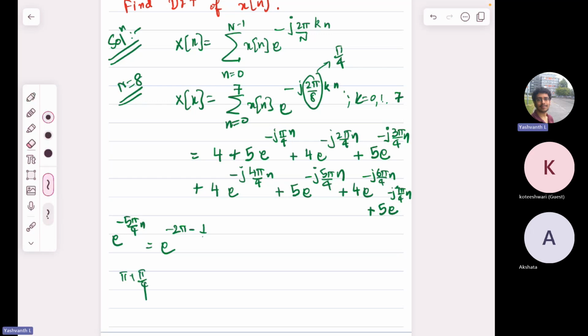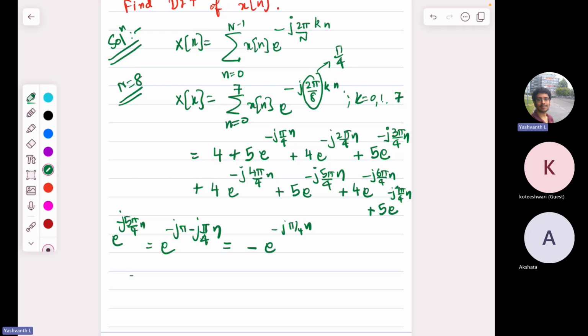It's pi plus pi by 4, which is 5 pi by 4. You can write e power minus j 5 pi by 4n as e power minus j pi into e power minus j pi by 4n, where e power minus j pi is cos pi minus j sin pi, which is minus 1. So this is minus e power minus j pi by 4n.